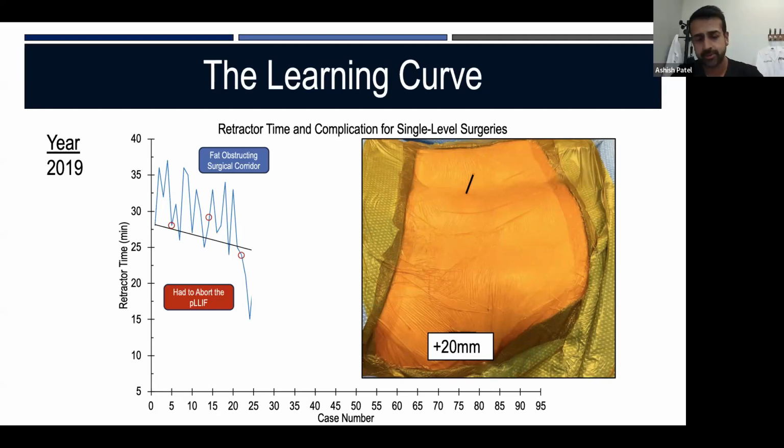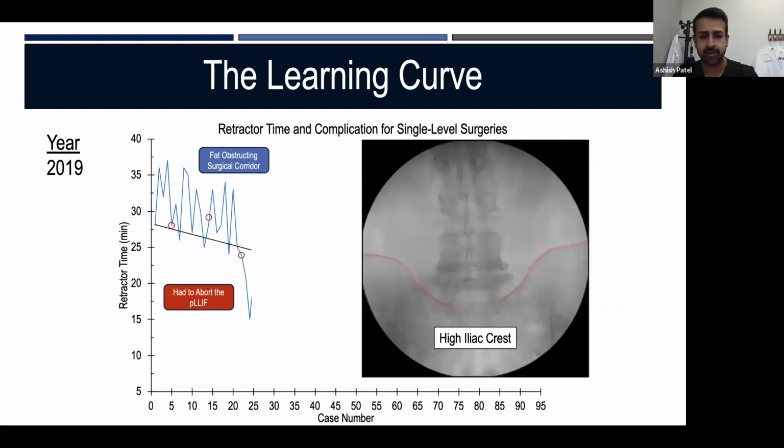Yeah, so that was a nuance we appreciated pretty early, and there were times in which we had to navigate a high iliac crest because our setup with the bolsters provided some contralateral bolstering and resistance to the forces we were directing towards the spine, but we were unable to coronally deviate the patient like you would when you're doing it in standard lateral.